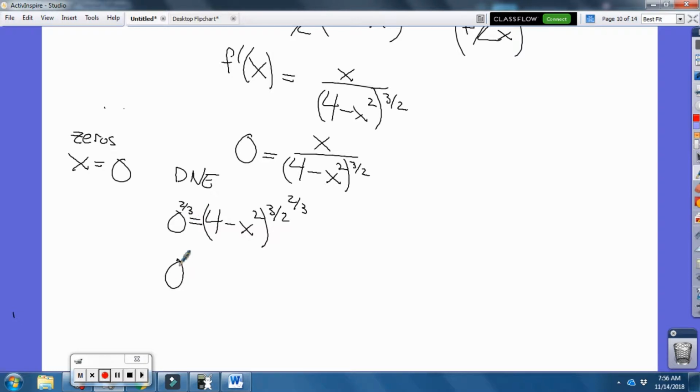We get 0 equals 4 minus x squared. And that'll be 0 equals 2 plus x and 2 minus x. That means that my critical points are going to be plus or minus 2.